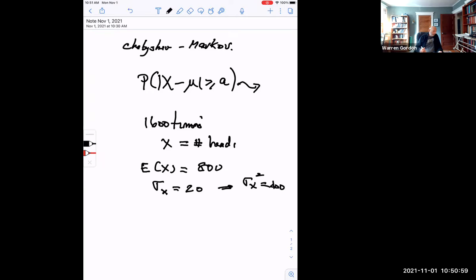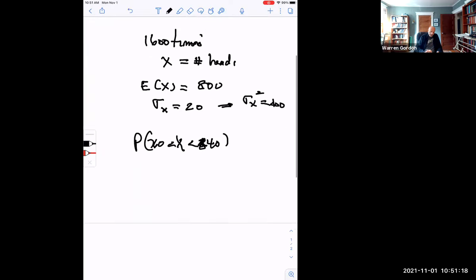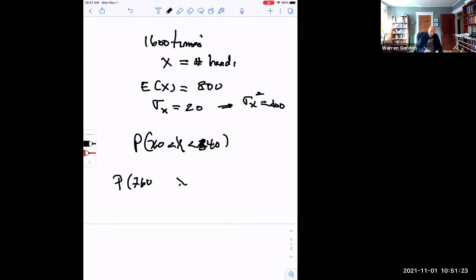Determine the probability that the number of heads will be between 760 and 840. So let's rewrite this: the probability between 760 and 840. Let's make this look nicer. The mean is 800.